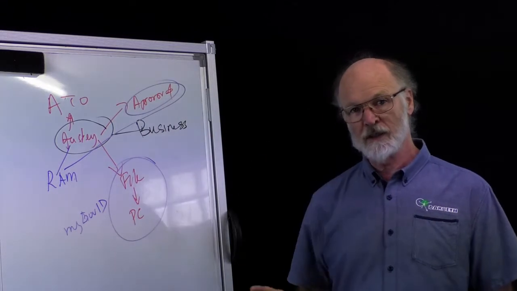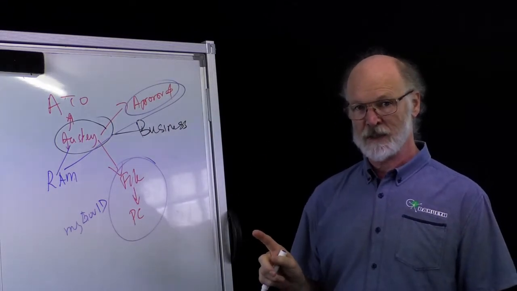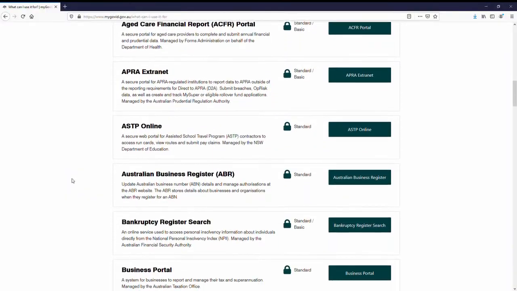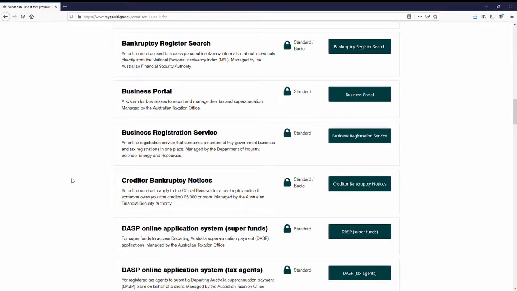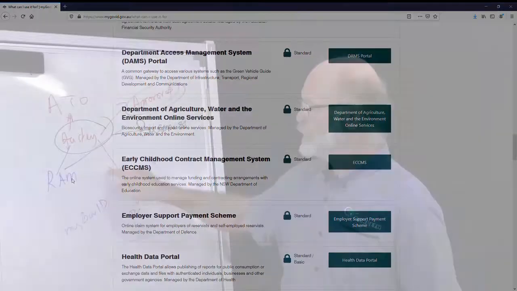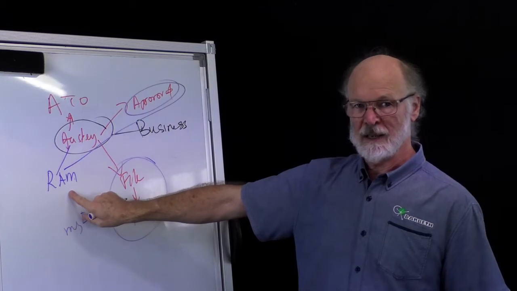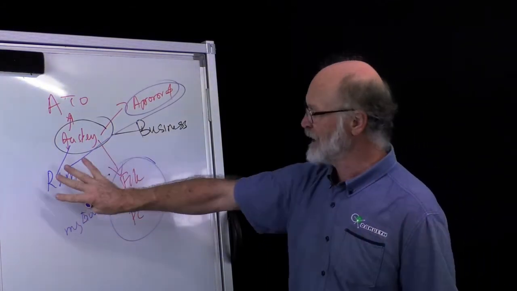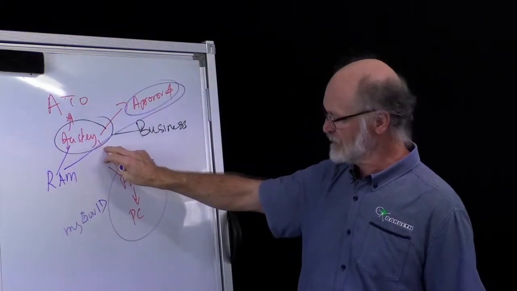So when you go to log into a government website now, particularly the ATO, but I also know the Health Department, and there's probably about 30 other government departments around Australia which are doing the same thing. The authorisation is set up in RAM, Relationship Authorisation Manager, by the business, and that is controlled by the business.